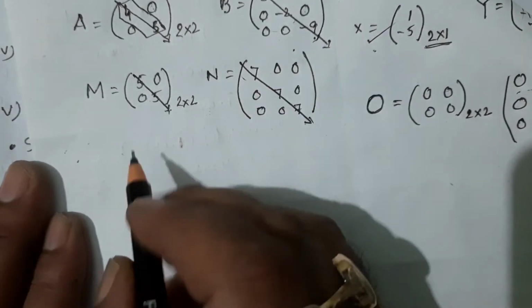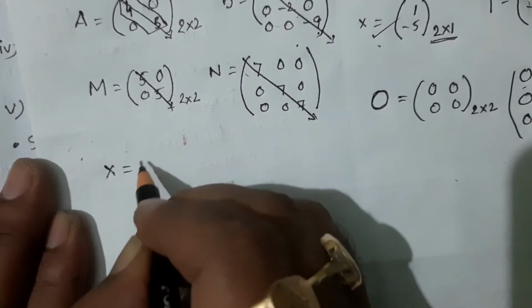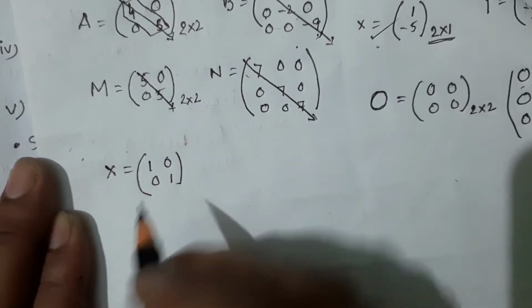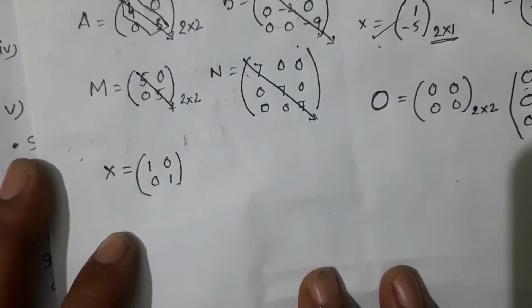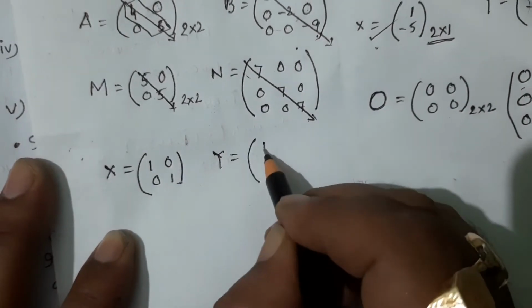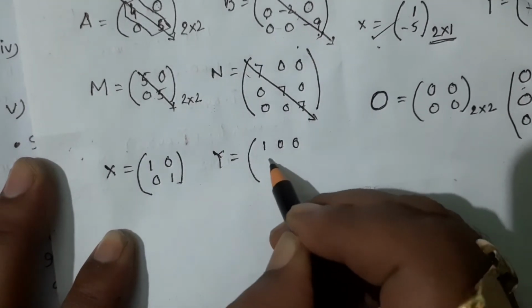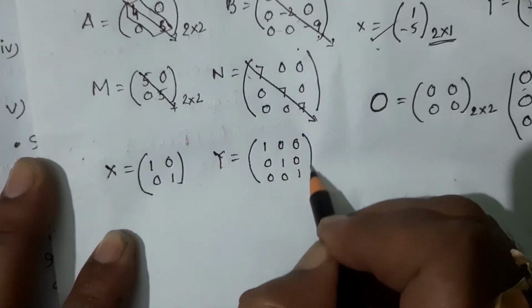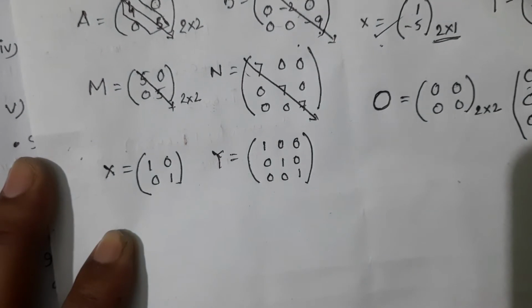Example, X equals 1, 0, 0, 1. This is an identity matrix of second order. Y equals 1, 0, 0, 0, 1, 0, 0, 0, 1. This is an identity matrix of third order.